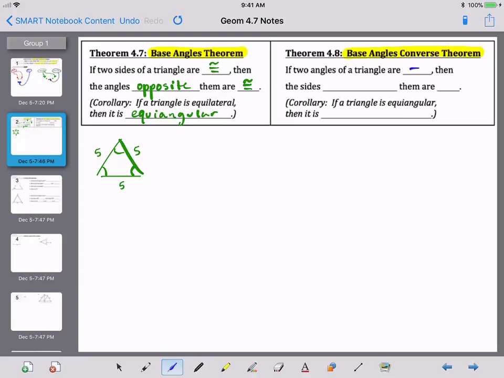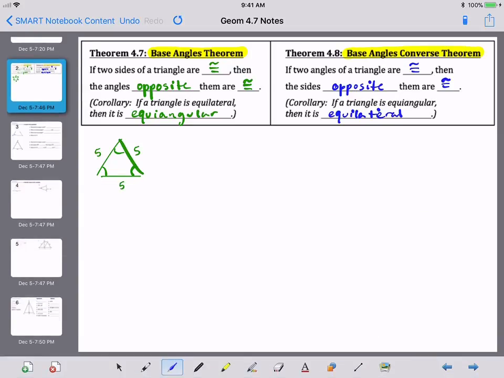So if two angles are congruent, then the sides opposite those angles are also congruent. And it also works for equiangular triangles: then we know they're also equilateral. Okay, so we're going to use those in a few examples today, and we'll see how they come into play in a little bit.